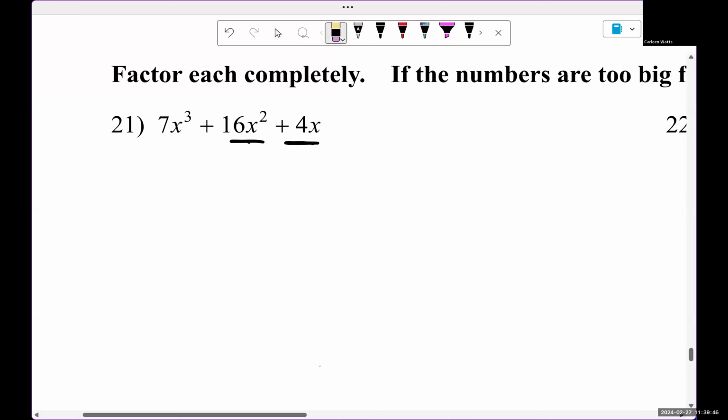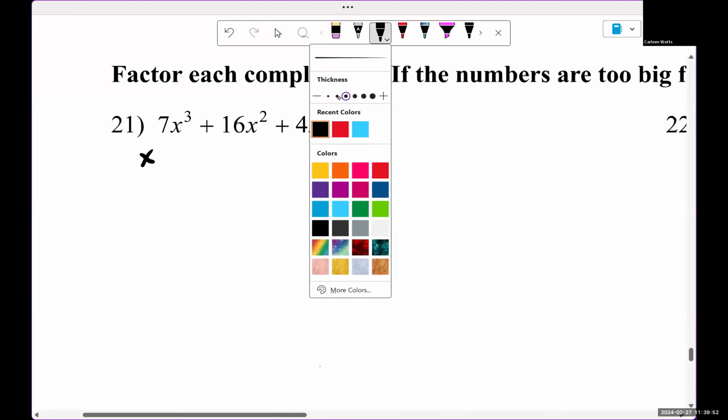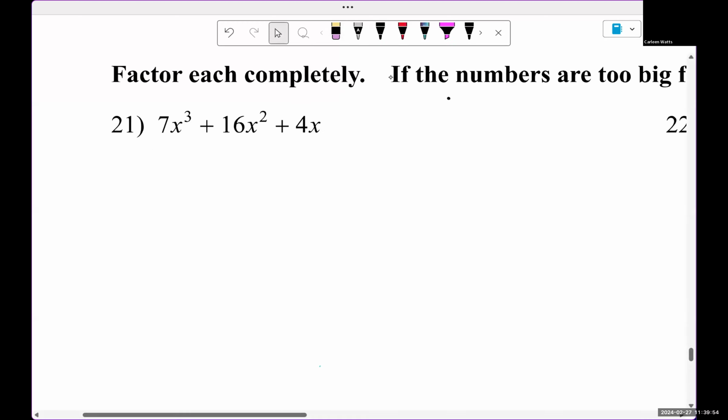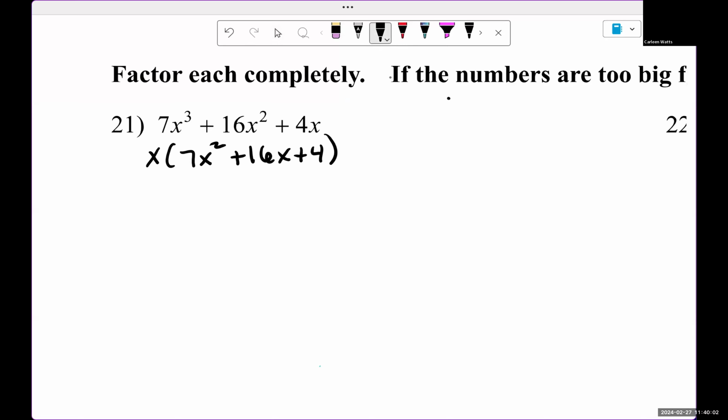So step 1 is factor out the x. Okay. Step 2 is rainbow.